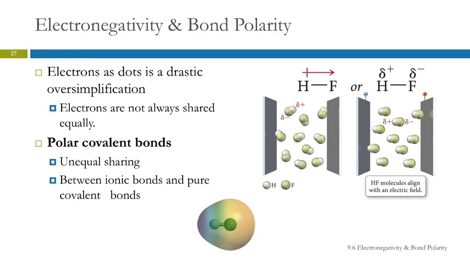And so those electrons spend more time around the fluorine than they do around the hydrogen. So the electrons are negative, and if the electrons are spending more time around the fluorine, then this end of that molecule is going to be a little bit negative. It's not an ionic bond. The electrons haven't been transferred, but they're not being shared equally.